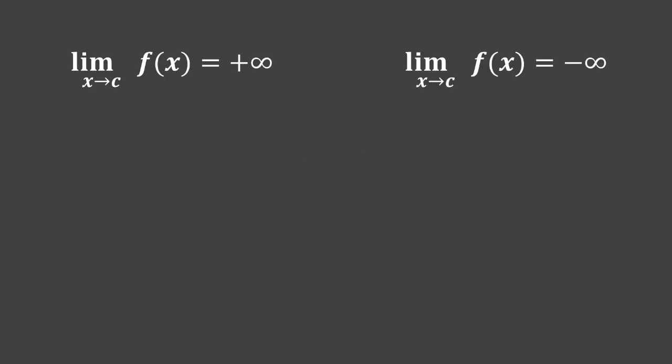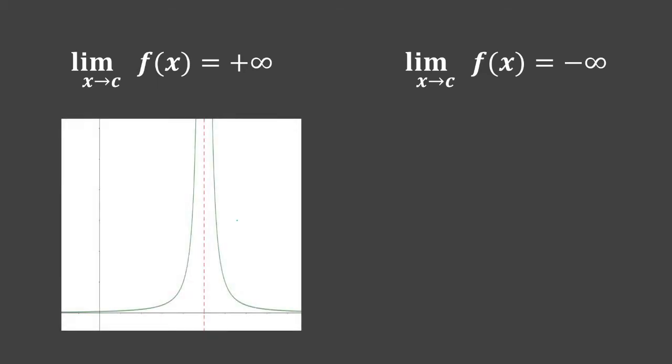In this video, we're going to show a strategy on how to solve infinite limits. So how can we say that the limit of f of x as x approaches c is either positive or negative infinity? For positive infinity in reference to the given graph, let's say that this vertical asymptote is c.